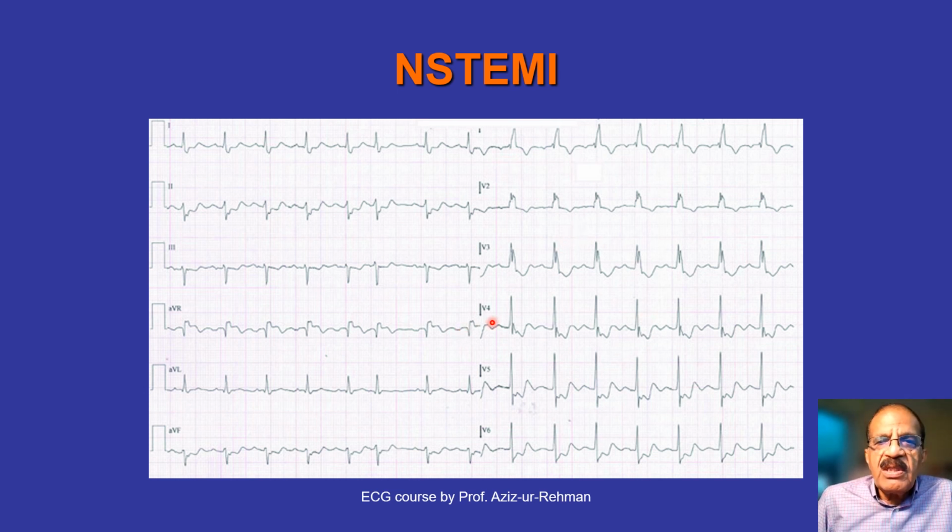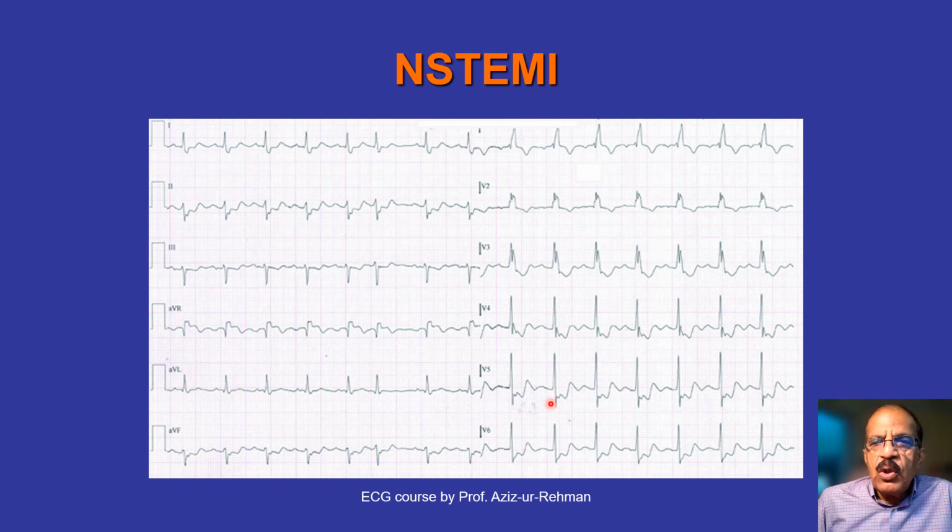But notice that there is significant ST segment depression here. ST segment depression, ST segment depression. So there is significant ST depression here. That should alert you to the possibility of acute coronary syndrome. Although you have ST-T depression in right ventricular hypertrophy also, in that case these changes should be restricted to right ventricular leads.